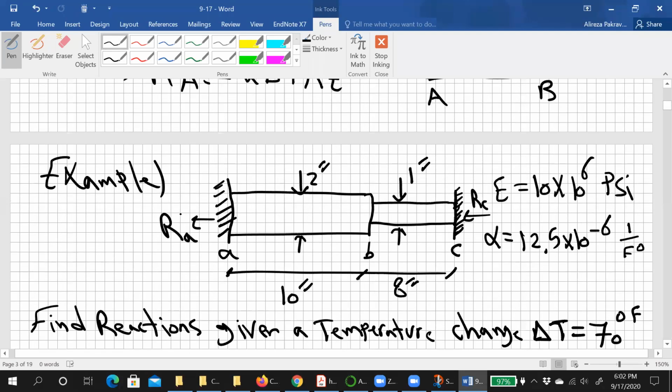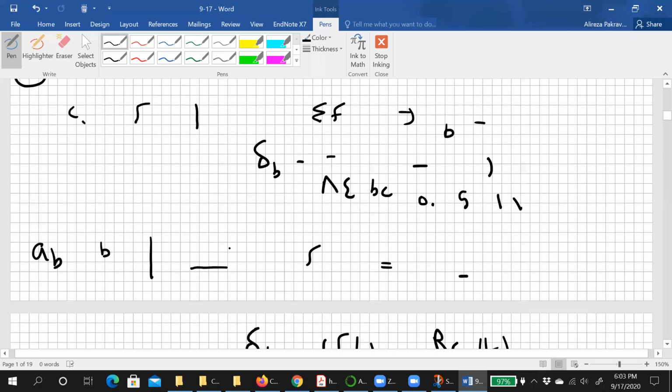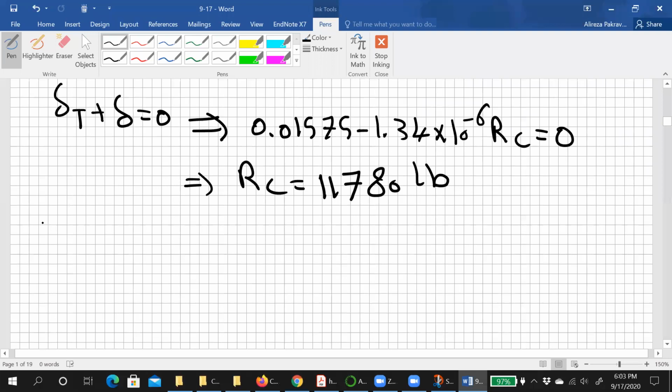And RA plus RC equals 0 because of the equilibrium, right? At the beginning, you can write here if you want. If not, you can write at the end. It doesn't matter. We know RA plus RC is 0 because of the equilibrium. But since we have one equation and we are not able to solve both, we did all these calculations.